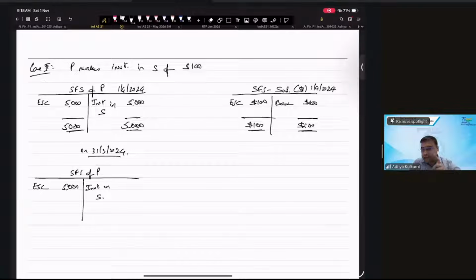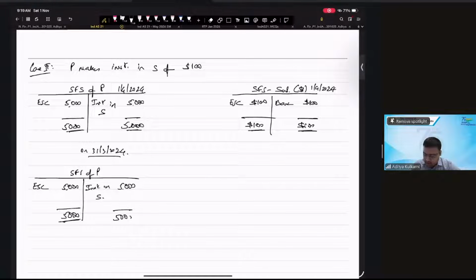Investment in S. Do I restate it or will I leave it at 5,000? रीस्टेटेड आप रीस्टेट नहीं करोगे कार्तिक. This is an investment made in equity. This is not a monetary item ना. ये मॉनेटरी आइटम तो नहीं है आपके लिए. ओके तो आप इसको रीस्टेट नहीं करोगे, आप इसको सिर्फ 5000 लाके छोड़ दोगे इसको.